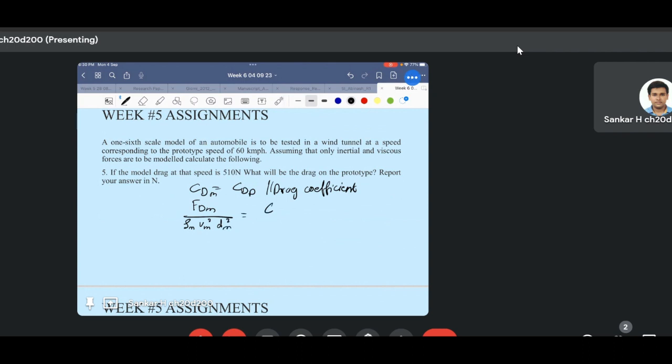And similarly, we write the equation for the drag coefficient on the prototype as well.